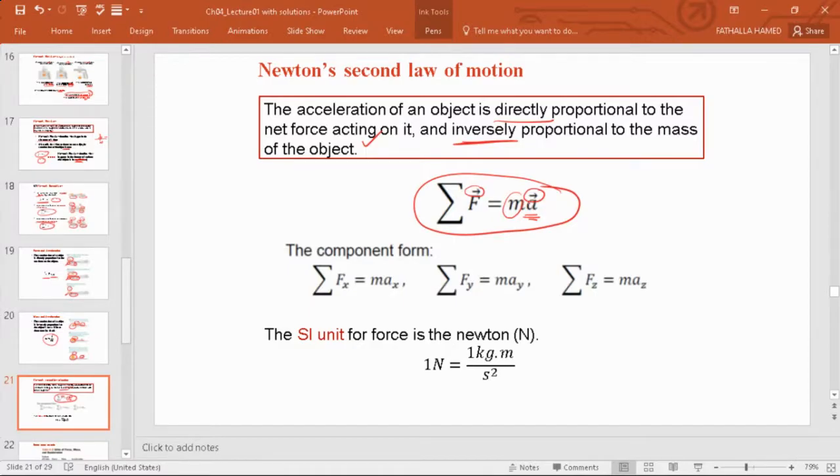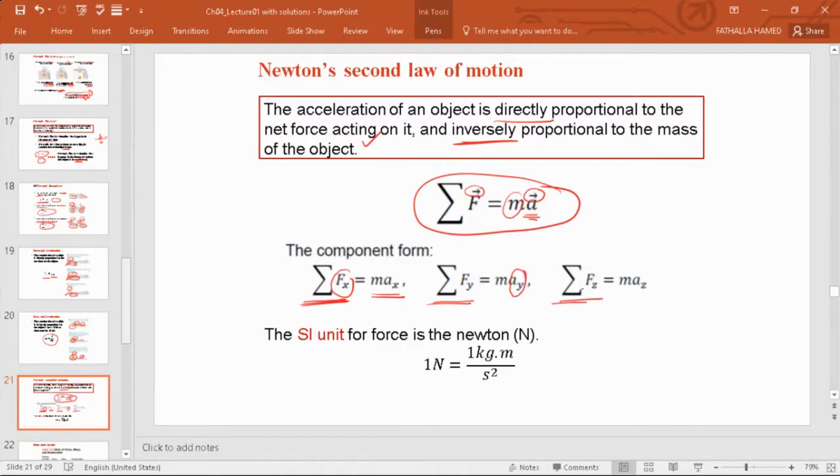And whenever you have a vector in 3 dimensions, the vector will have an x component. The sum of the x components, which will give you the x component of the net force, will equal max, and that's the resultant acceleration in the x direction. And the y component of the net force, which is the sum of all the y components, will give you may, and this will give you the acceleration along the y direction.